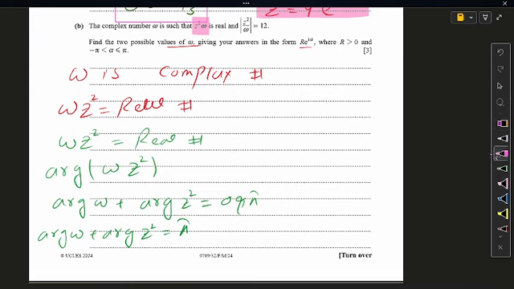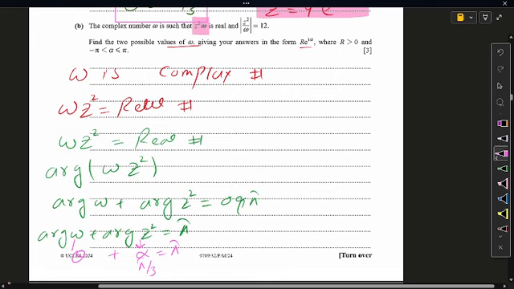I don't know the theta for omega, so for the time being I write it as theta, and for argument of z square I write alpha, which equals pi, obviously. I figured out the value of alpha for z square in the a part, and it was pi by 3. Let me show you.